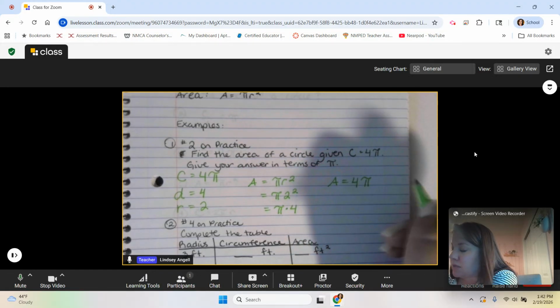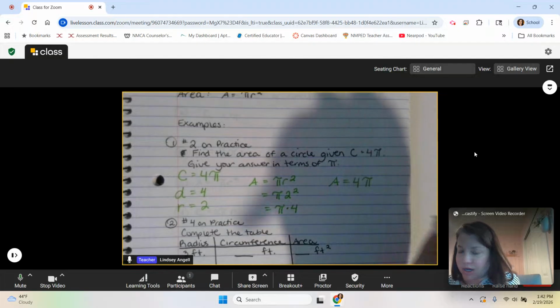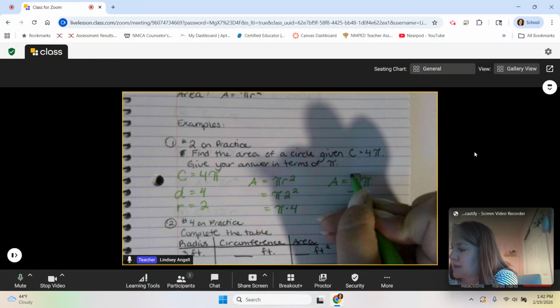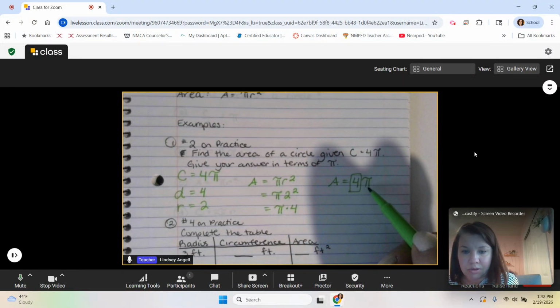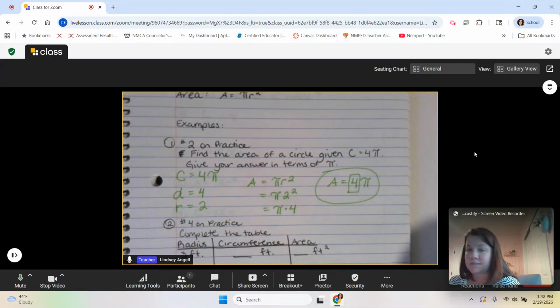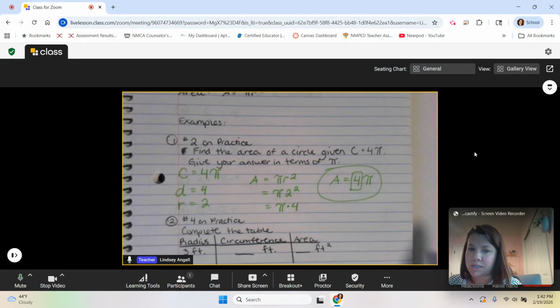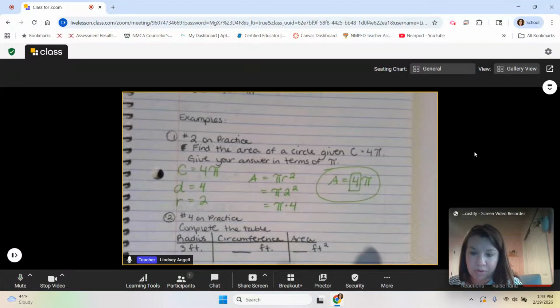It could be units squared, but in your lesson, the only thing you're going to have to plug in is this right here. That's what it's looking for. It already puts the pi symbol in there for you, mostly so you don't have to figure out how to put that in. But overall, this would be the answer. I thought it was a little confusing because you actually end up getting the exact same answer in both cases.